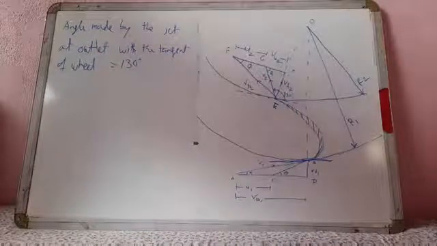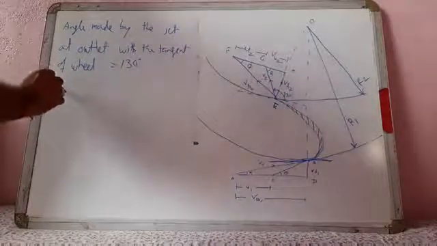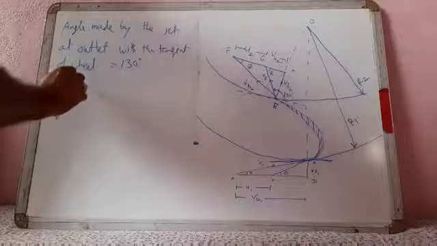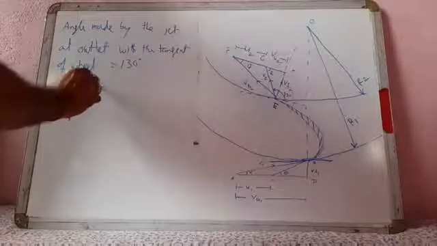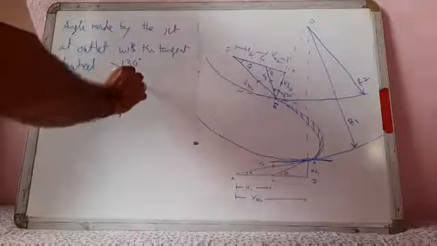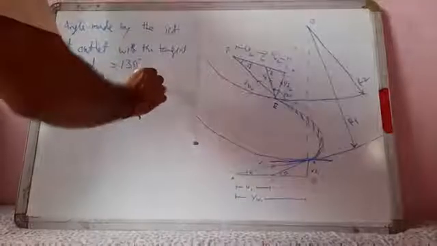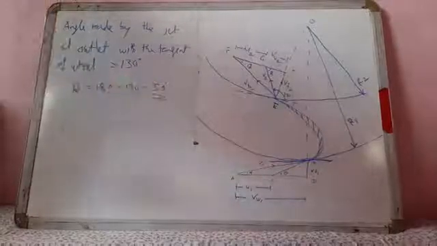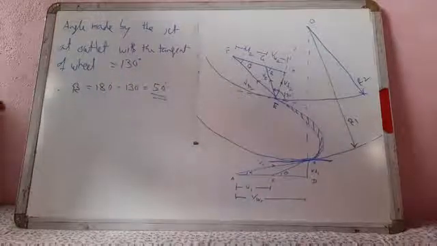So we have to find out angle beta. This angle beta is equal to 180 minus 130, so beta is 50 degrees.